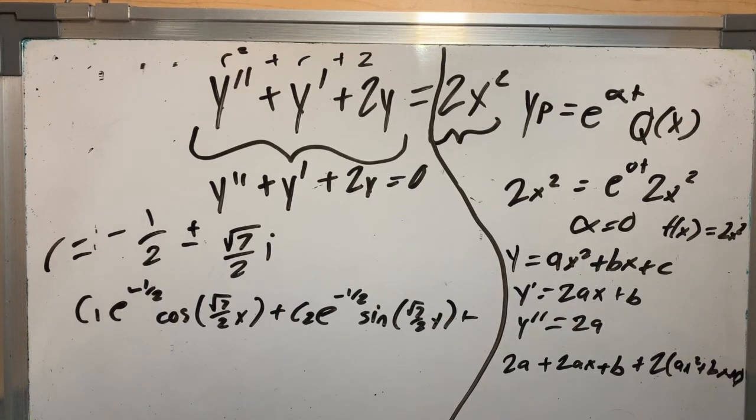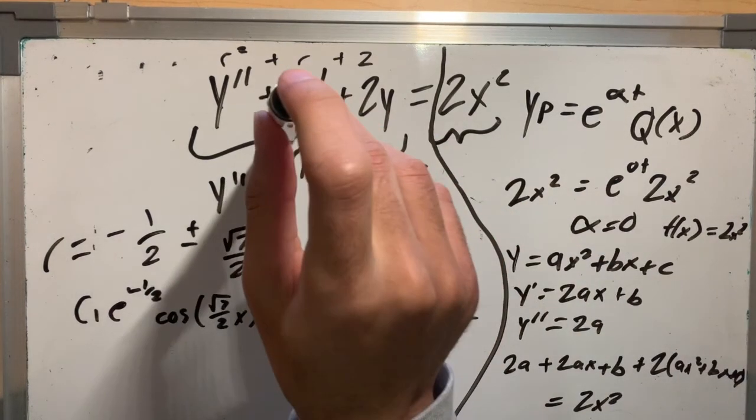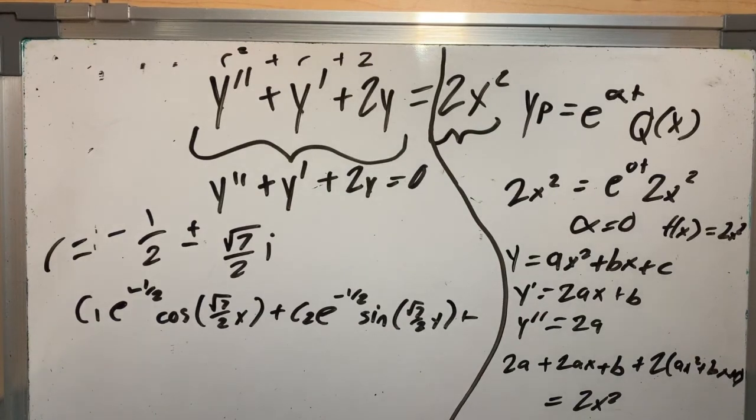This is getting a little confusing, but bear with it. Once you found that, this entire equation is now equal to 2x squared. Do you understand how we've just substituted in a polynomial of degree 2 into our left side of the equation to get this?